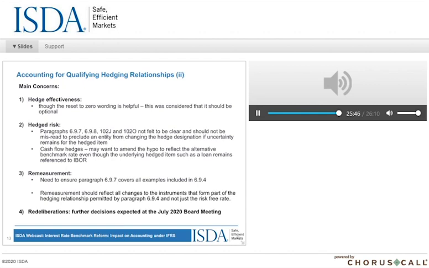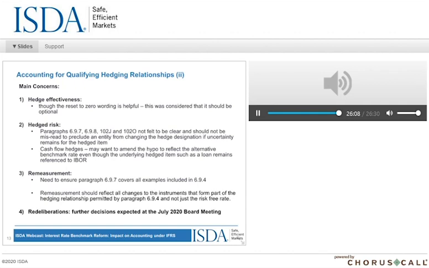A final point raised via the comment letters was around remeasurement. Here, respondents felt that the ED wording in certain paragraphs covering remeasurement, such as paragraph 6.9.7, needs to be clarified to ensure that all relevant changes that will come about as a consequence of IBOR reform are reflected for remeasurement purposes.